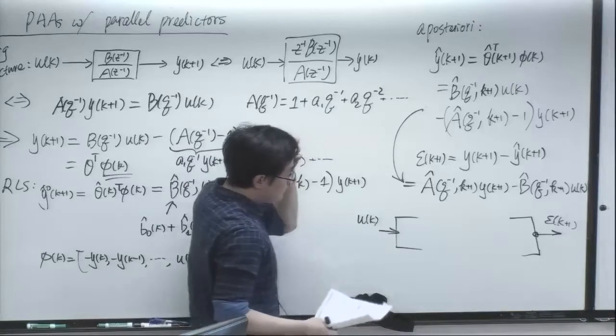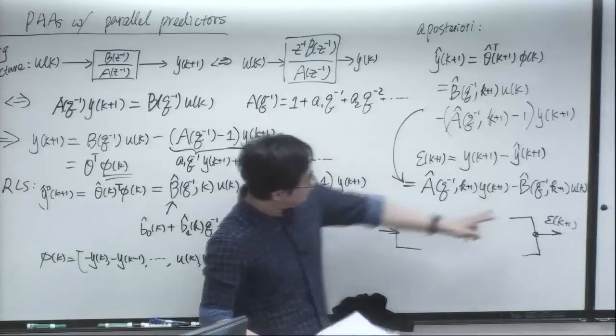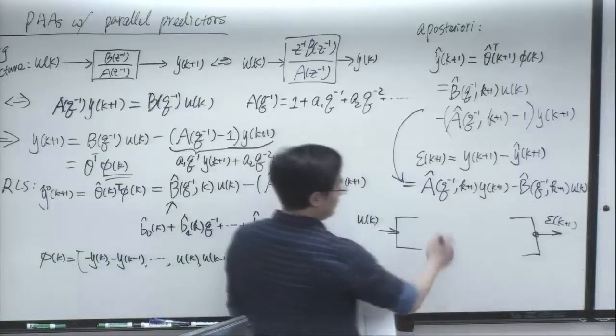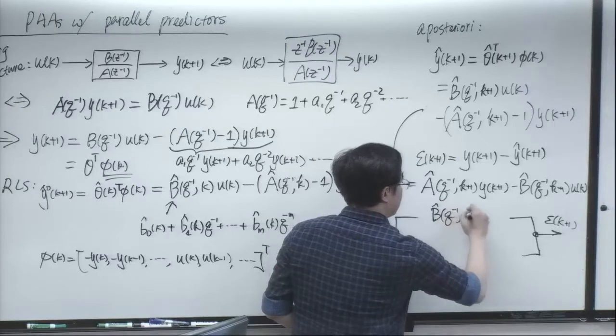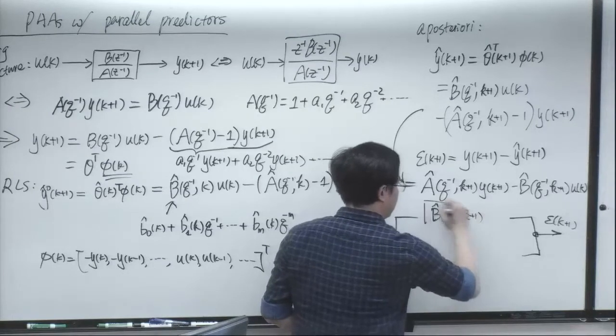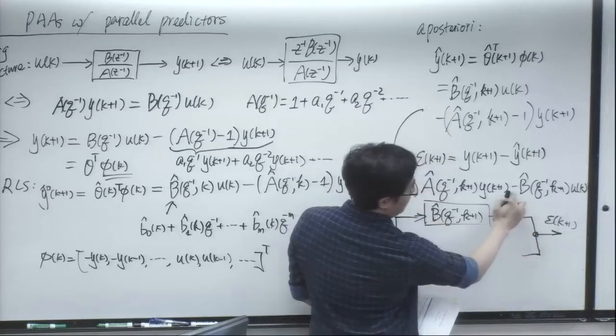Okay? So there are two branches. u_k goes through this branch first. And then there's a negative sign.